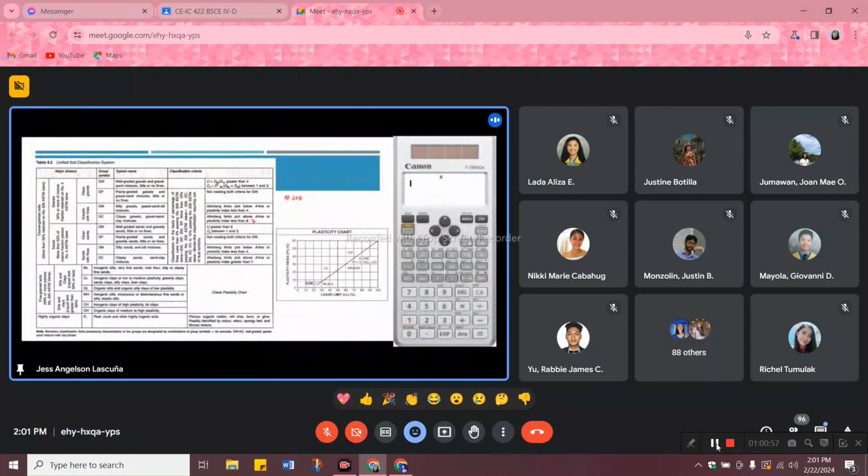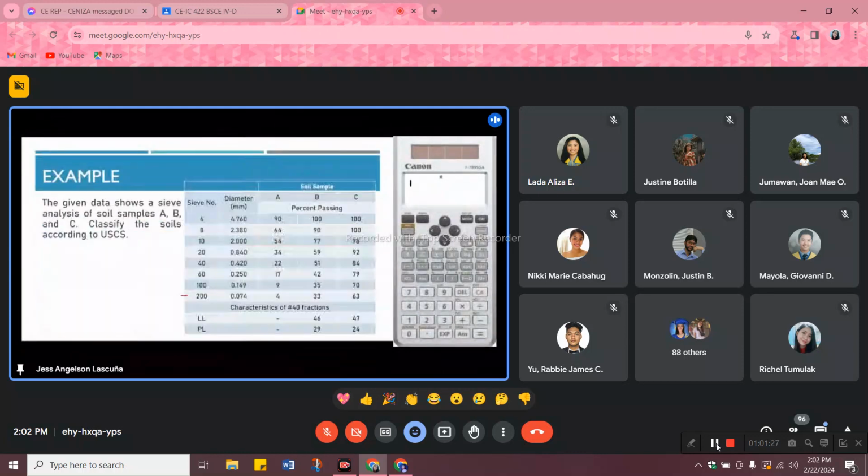If below 50% ang imuhang passing number 200, then your soil is mostly made of coarse material. So coarse or fine sa naman dyan na, di ba? 50%. So man mo unang paon nga criteria.